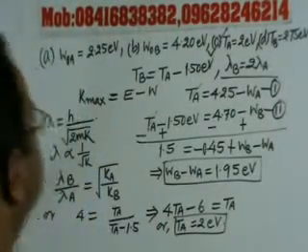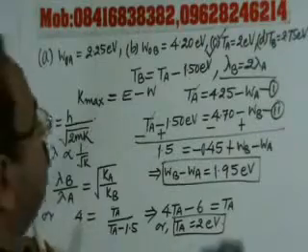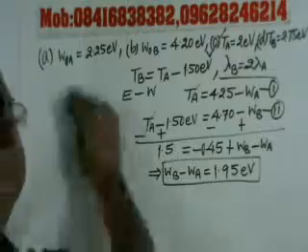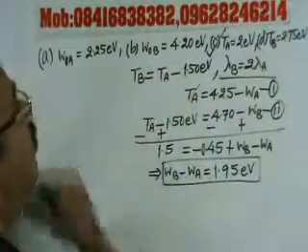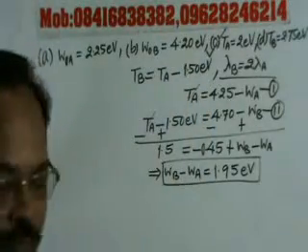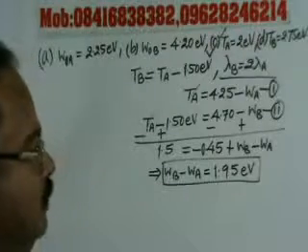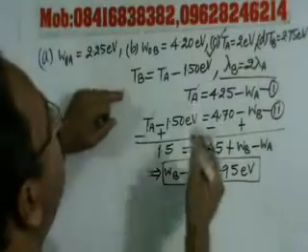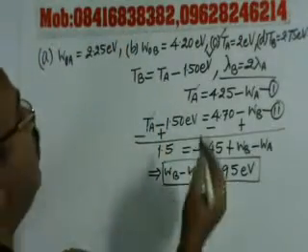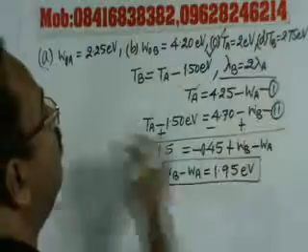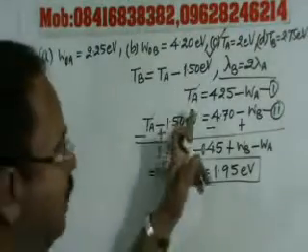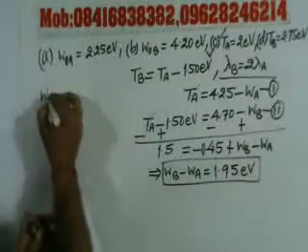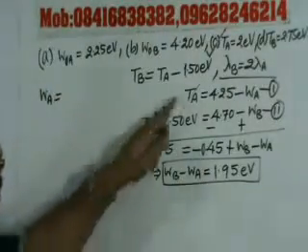So from here we have, from equation 1, Wa is equal to 4.25 minus Ta.